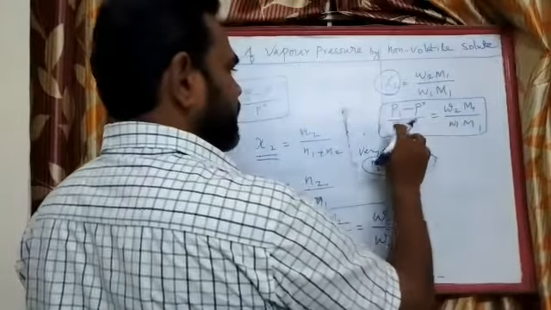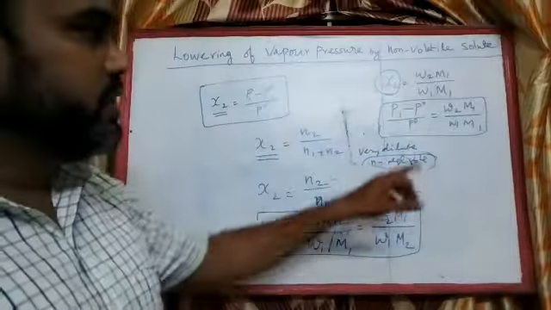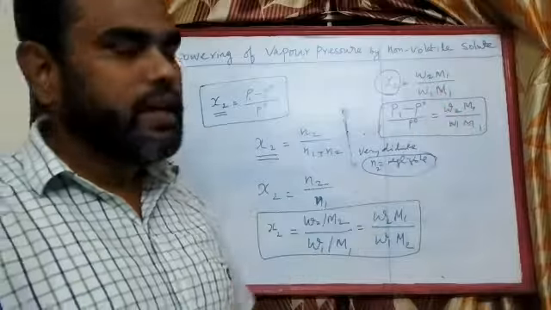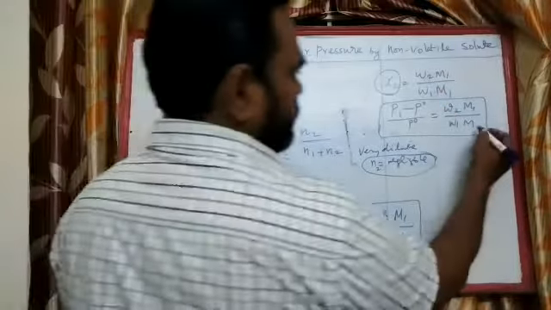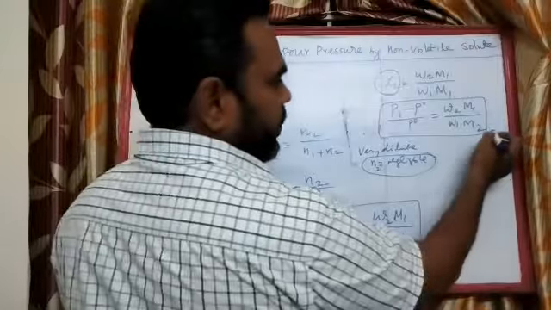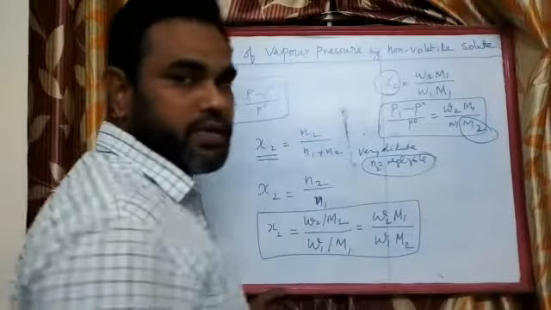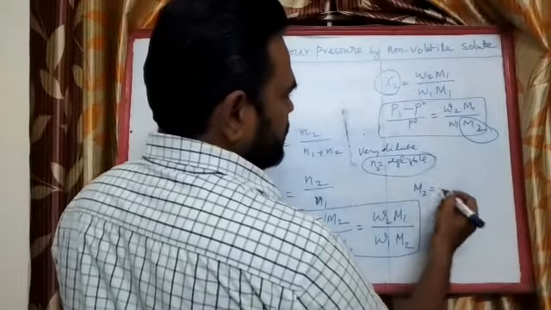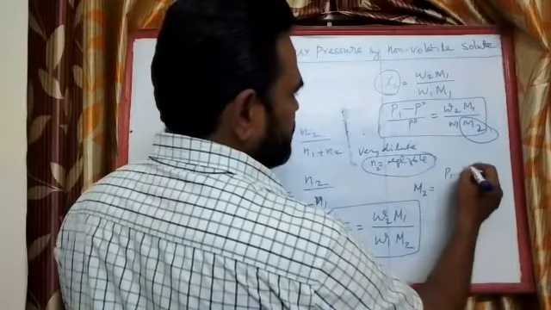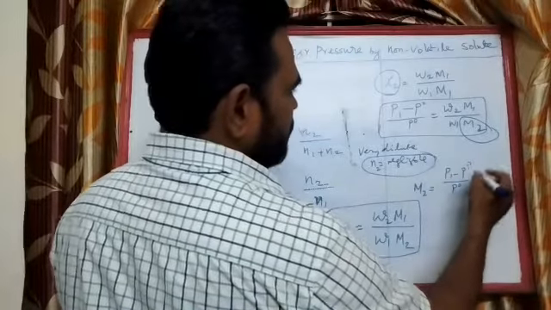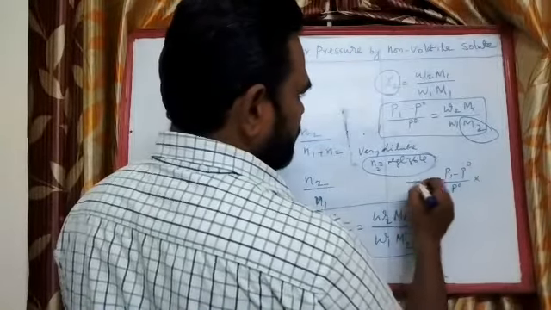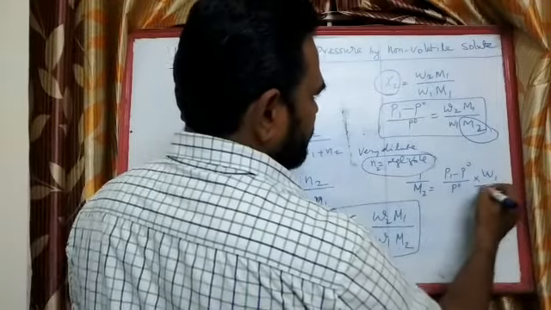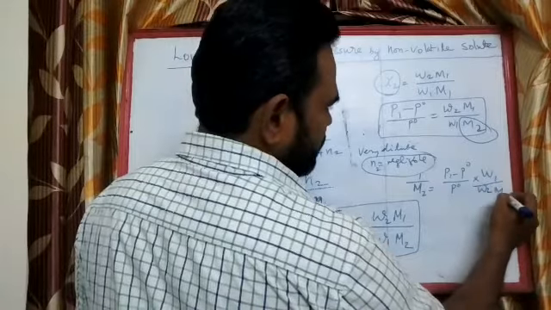This is the equation from which, using the relative lowering of vapor pressure, you can calculate the molecular weight. m2 is the molecular weight of the solute. How to calculate m2? Rearranging the equation, 1 by m2 is equal to (P0 minus P1) by P0 times W1 divided by W2 m1.